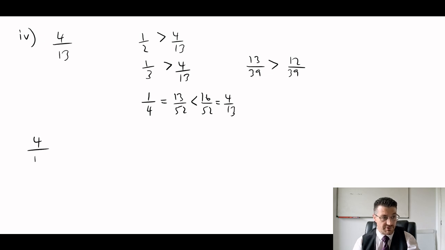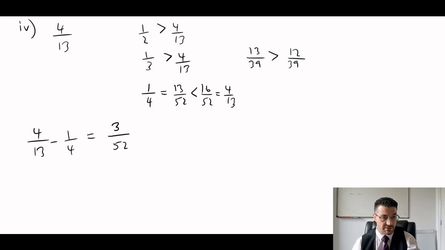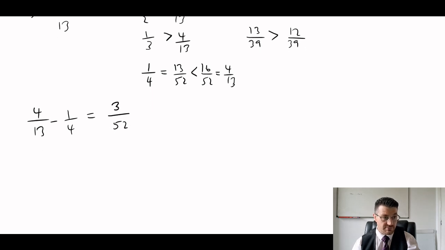So then we do 4/13 minus a quarter. Just do it, and it turns out to be 3/52. Okay, 3/52, and then we've got to do the same thing for 3/52. Notice that our C here is less than our A, which is as it should be. Okay, so then what did I try?